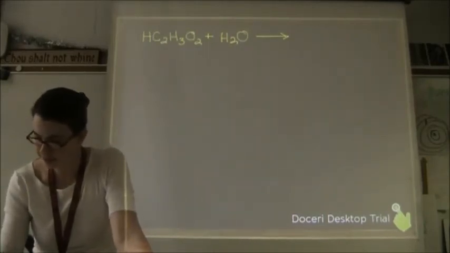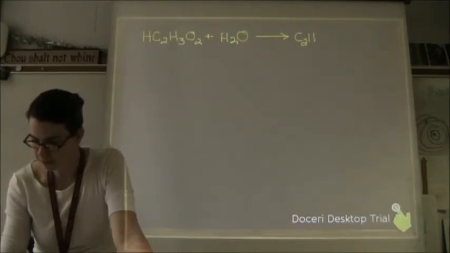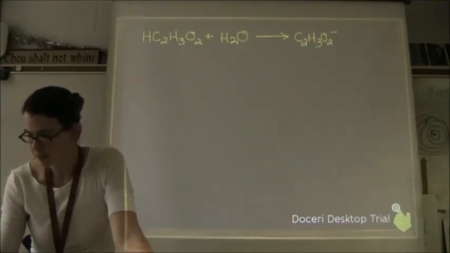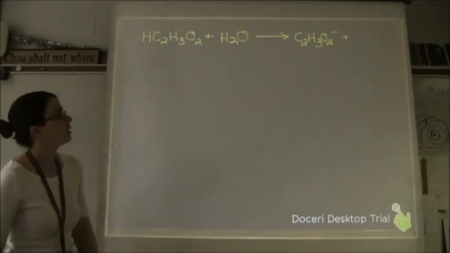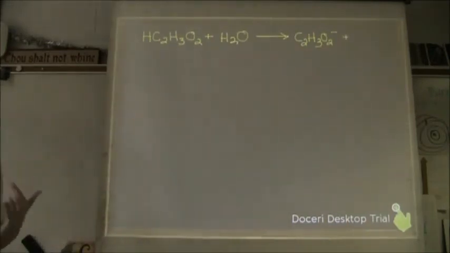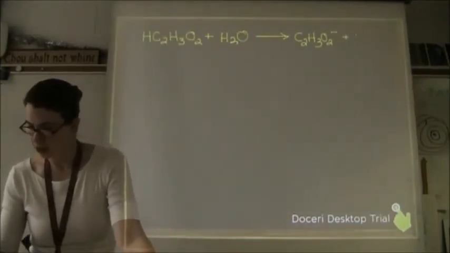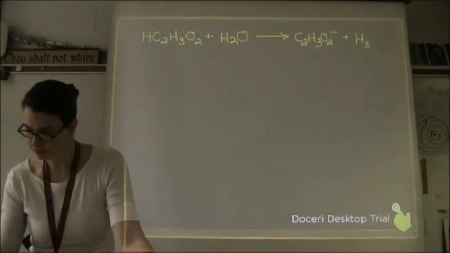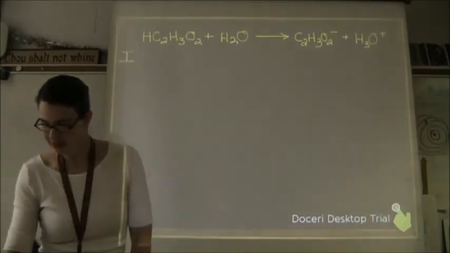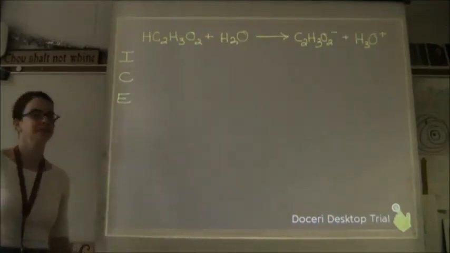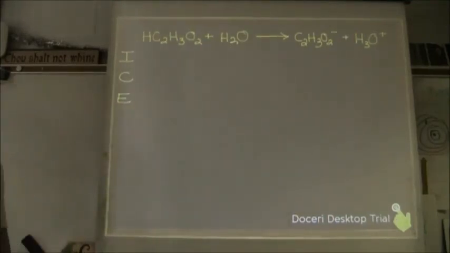Acetate. Okay. Where does that hydrogen go? It goes to the water. So what does water become? Oh, you guys are so smart. Yep, write it down, your 3 favorite letters. Suck it up, cupcakes.